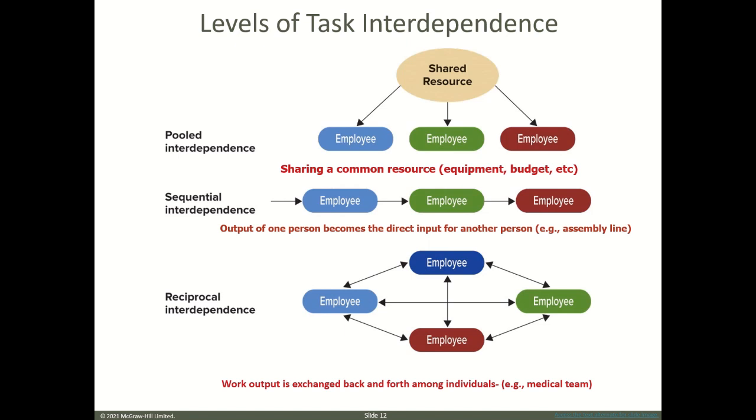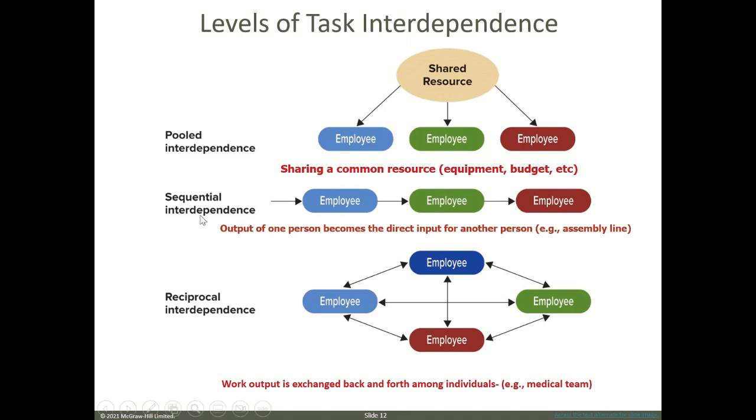The budget is limited, maybe something like $200,000 in the bank. Some equipment is there, and the same equipment can be used a number of times by a number of people. That is pooled interdependence: shared resources that a number of employees are using. This is one level of task interdependence.